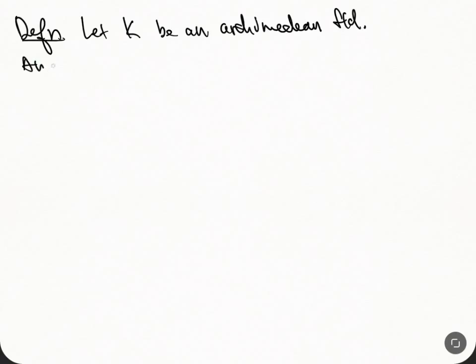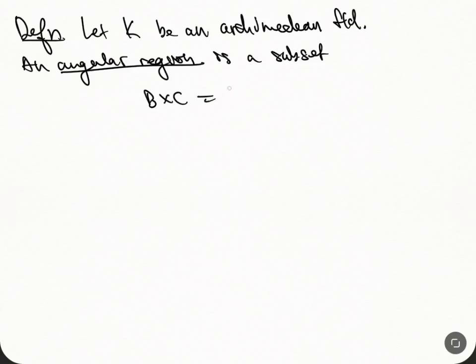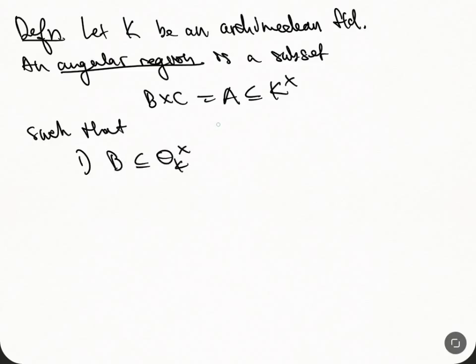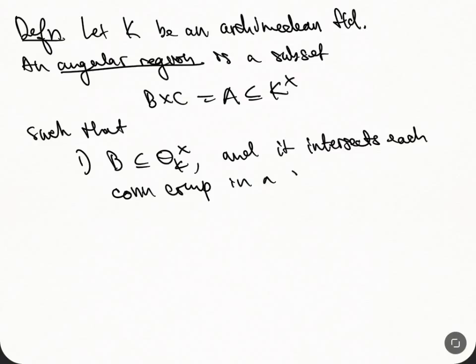An angular region is a subset A of the units such that, one, B is completely contained in OK star, and it intersects each connected component in a connected component.